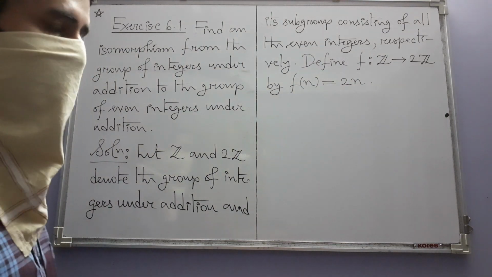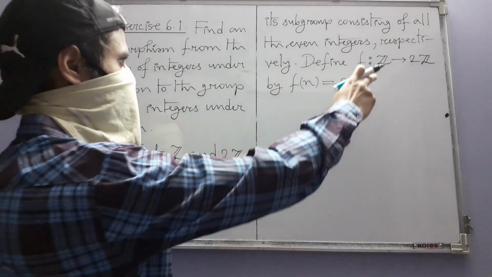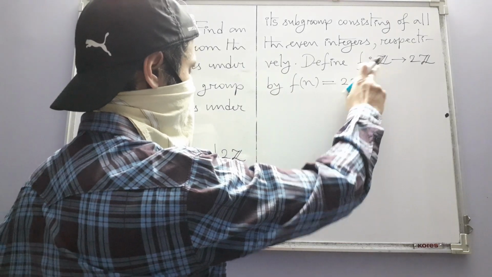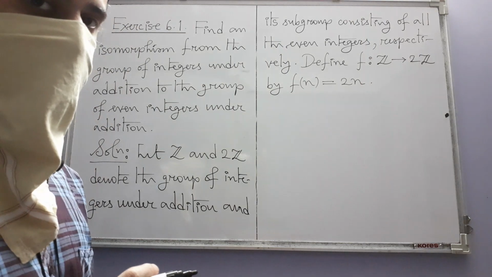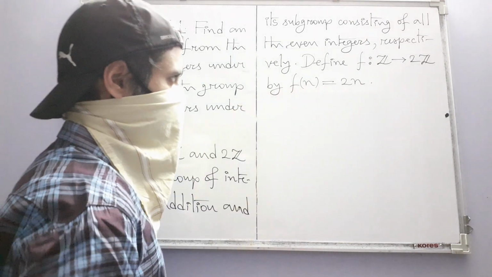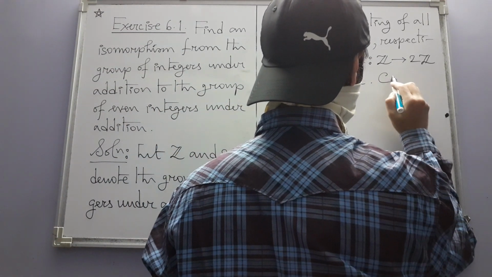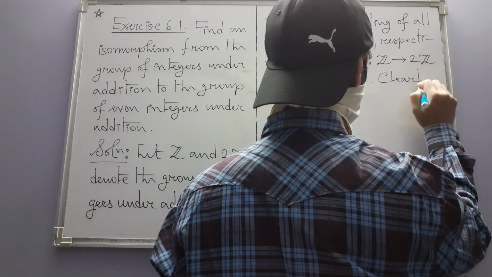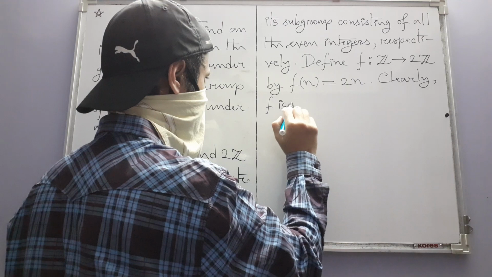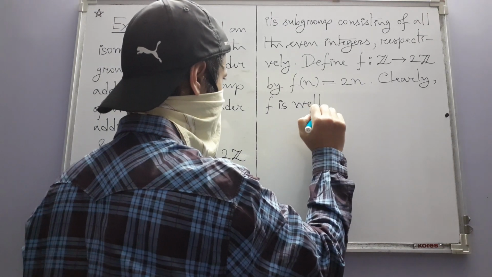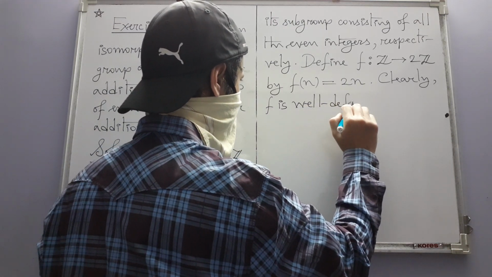Now clearly this is a well-defined function. For every integer n, its double is again an integer and it's a unique integer for this given n. Clearly f is well defined.